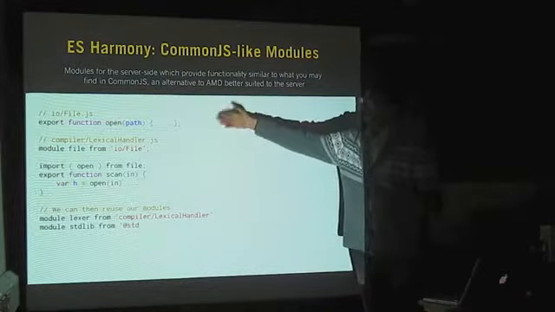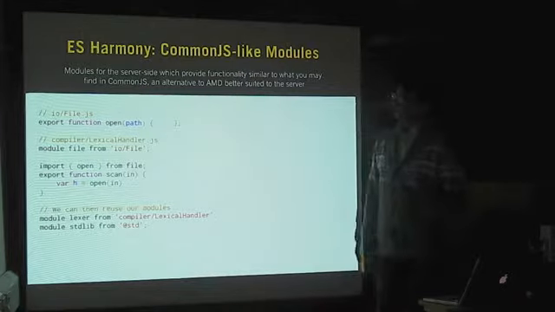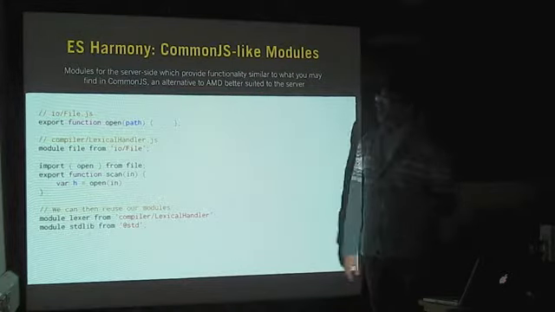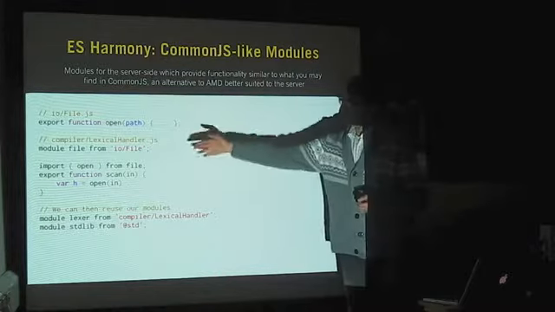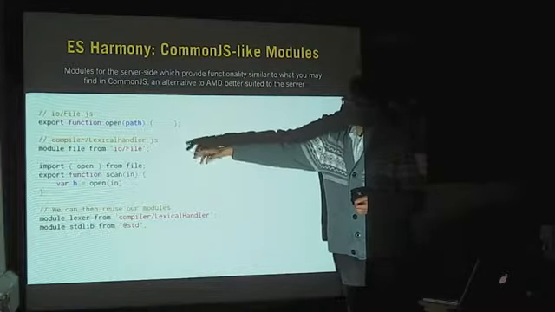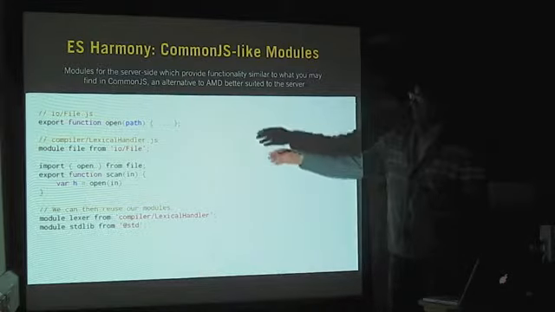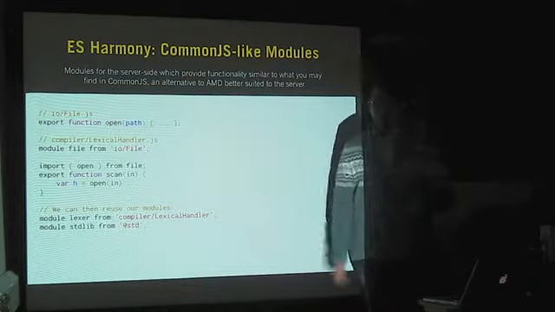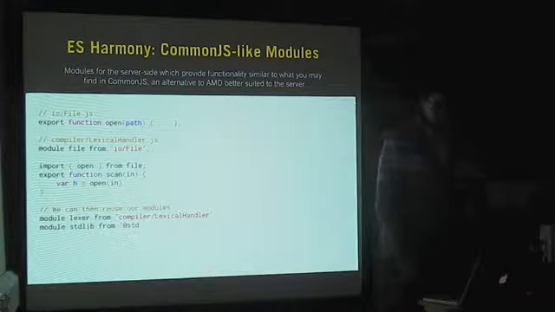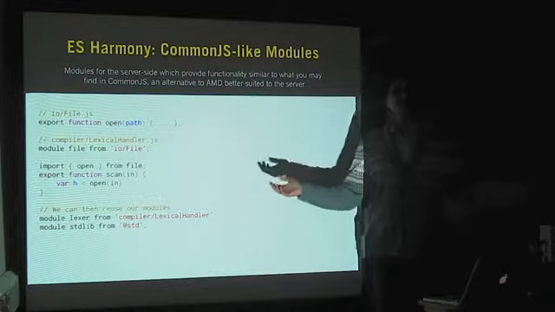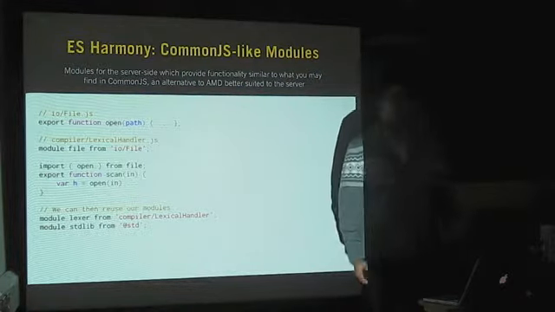Here I'm writing a file.js file which is going to be doing some I/O work. I've got a lexical handler which is basically just going to import some other dependencies. In this case it looks like it's actually going to import a specific function from my module called file. I'm going to define some more exports and then I can start reusing this, and this is all on the server. This stuff's great, but I don't want to wait 2 years to start using any of this.